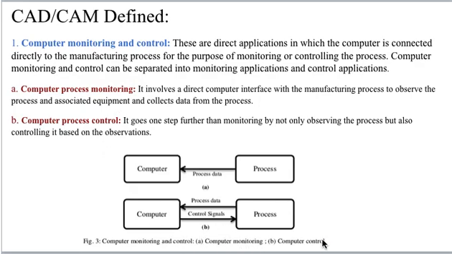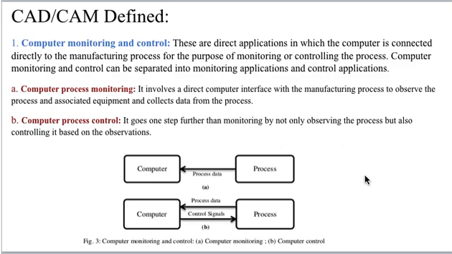Computer process monitoring involves a direct computer interface with the manufacturing process for the purpose of observing the process and associated equipment and collecting data from the process.